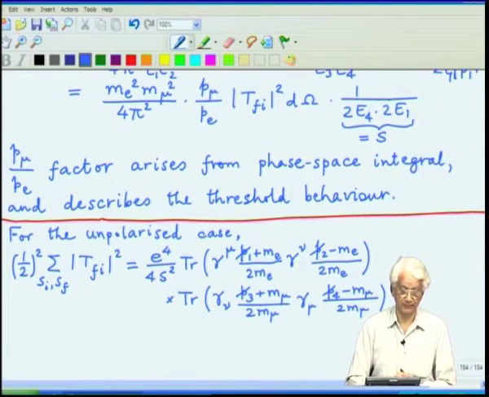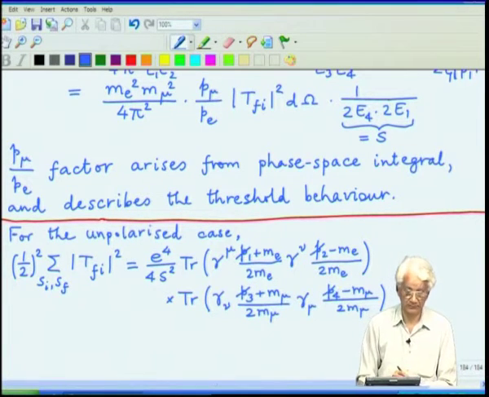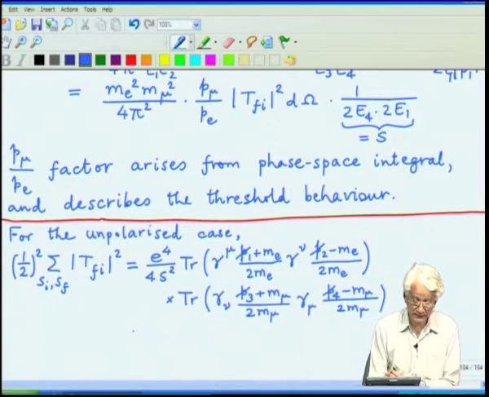And this is the complete expression for the unpolarized case. We just have to evaluate these traces, which is not at all difficult.